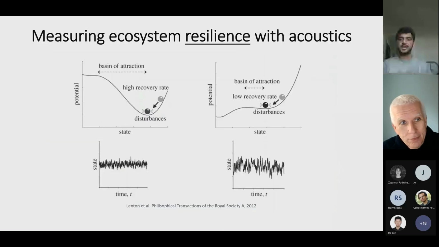And then there's another moonshot kind of idea. We talk a lot about verifying things that you can already measure in person, like biodiversity, which birds are there, species competition. But having such fine resolution time series on ecological states and health might tell us more about intrinsic properties of the ecosystem, such as resilience.